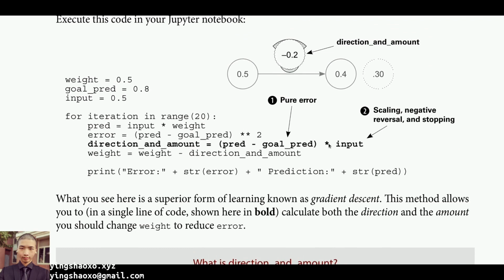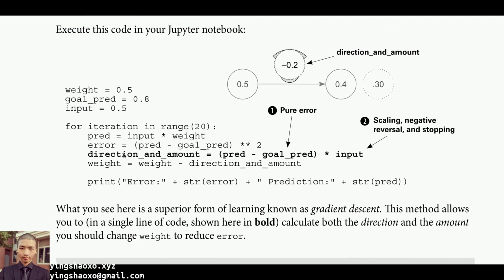That's genius. I don't know who did this, but they must be a genius. The direction is represented by the sign of that value. It can be either positive or negative, and that defines the direction, and the magnitude defines the amount, and it is related to the input and the error.